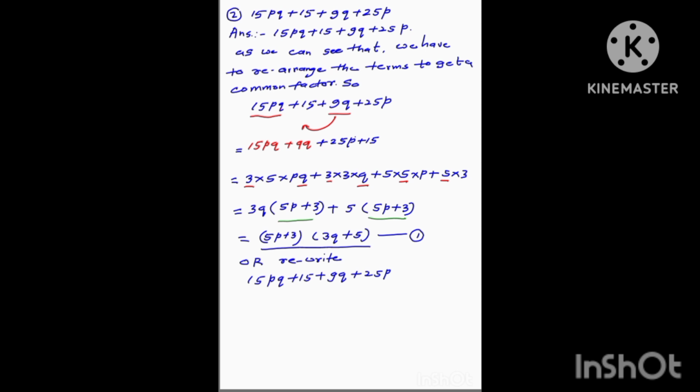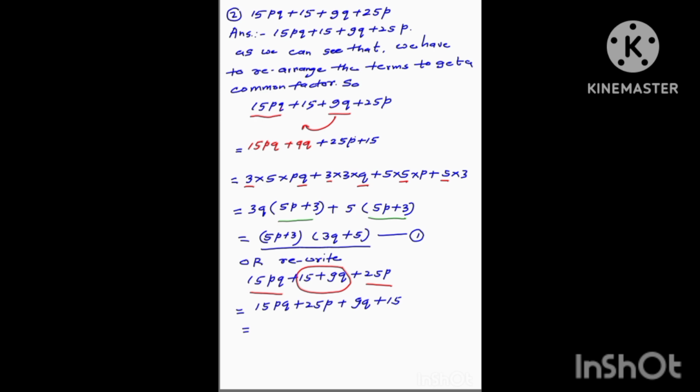But to practice with this, we will come to know there is absolutely no difference in the answer. So this is one term, 15pq plus 25p, and what is circled will remain as it is, 9q plus 15. We are just interchanging the positions for our benefit.